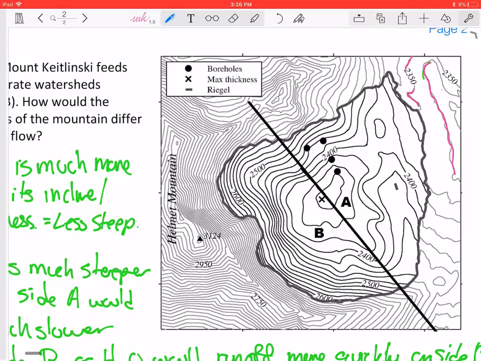Each of these lines, guys, that's called a contour line. And what that shows is an increase in elevation, okay? So each one of these lines shows an increase in elevation.